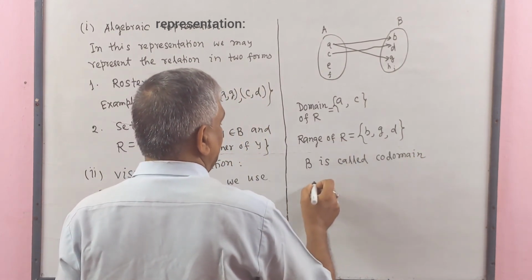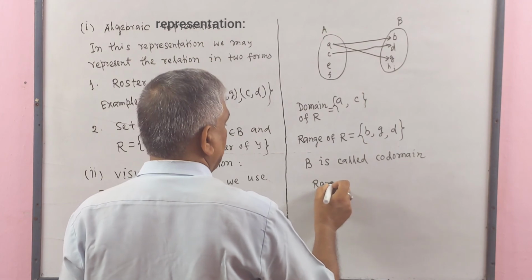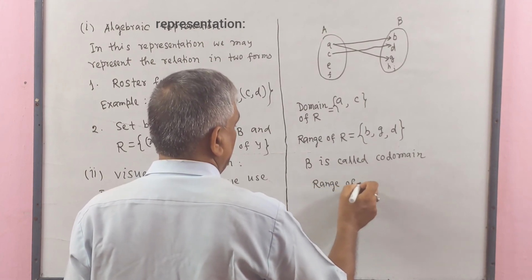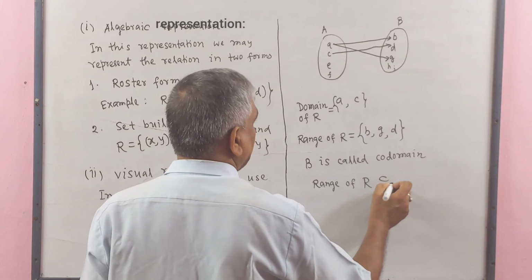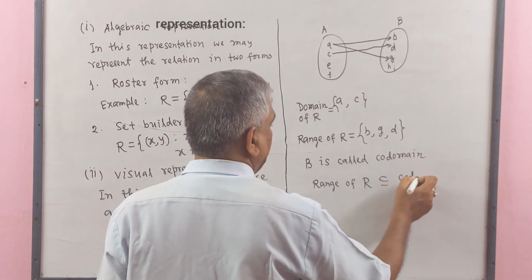And range of relation R is subset of codomain.